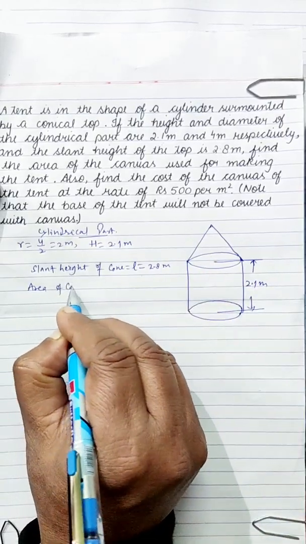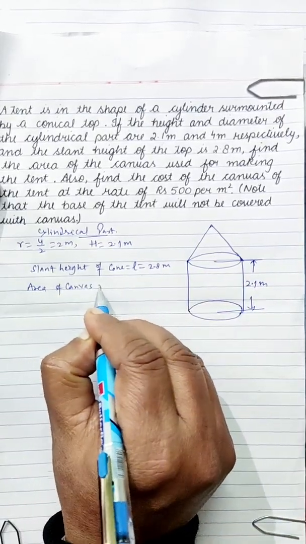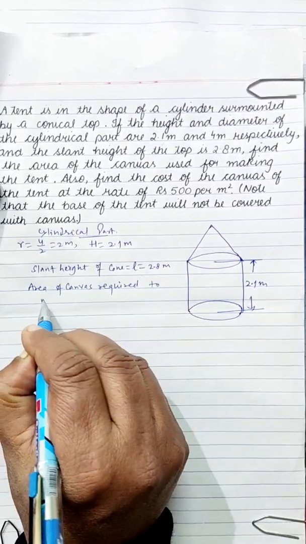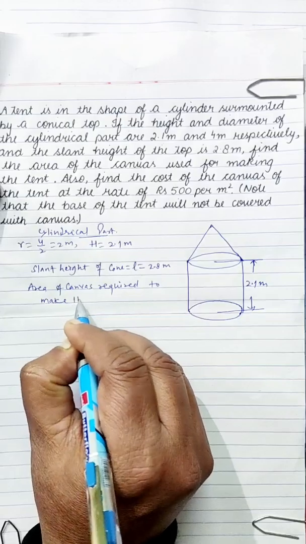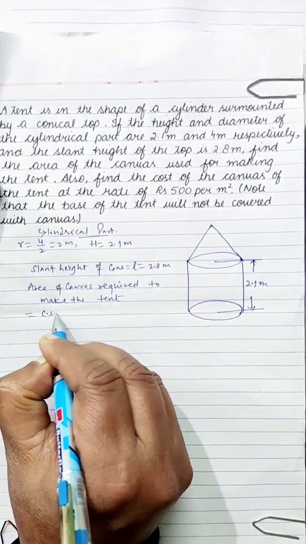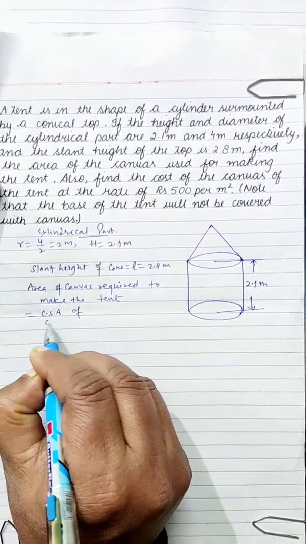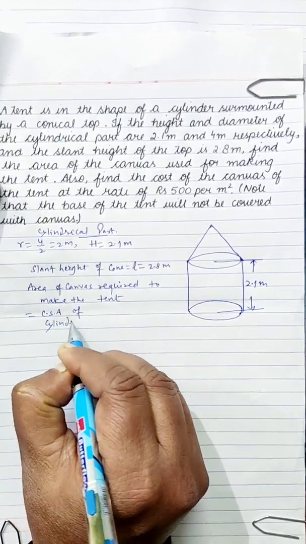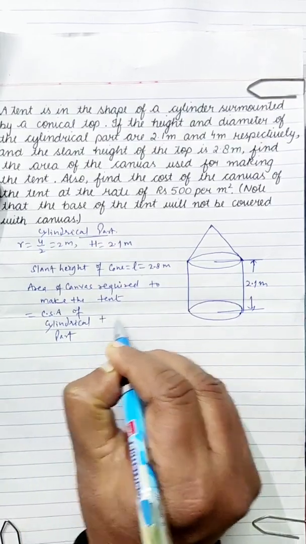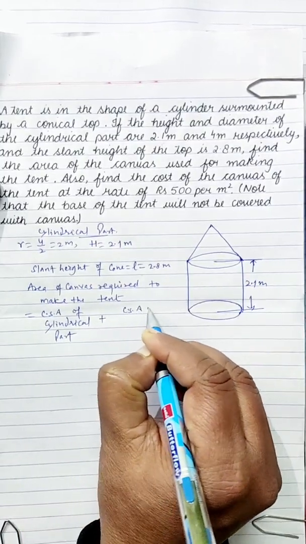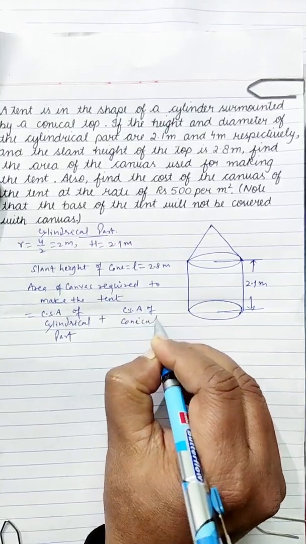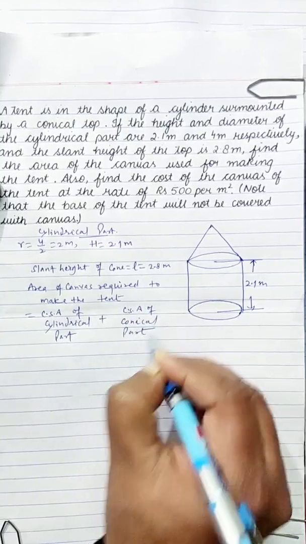तो एरिया ऑफ कैनवस रिक्वायर्ड टू मेक द टेंट will be CSA of cylindrical part plus CSA of conical part.